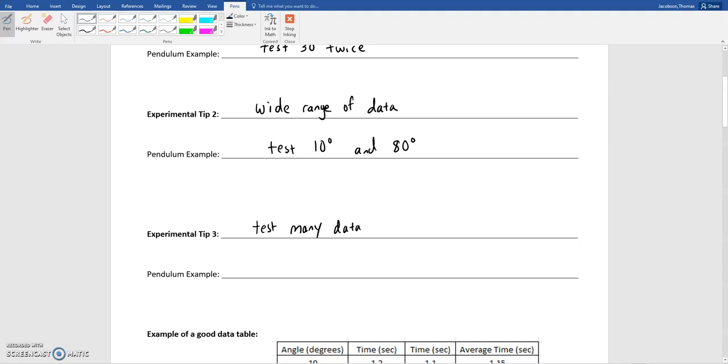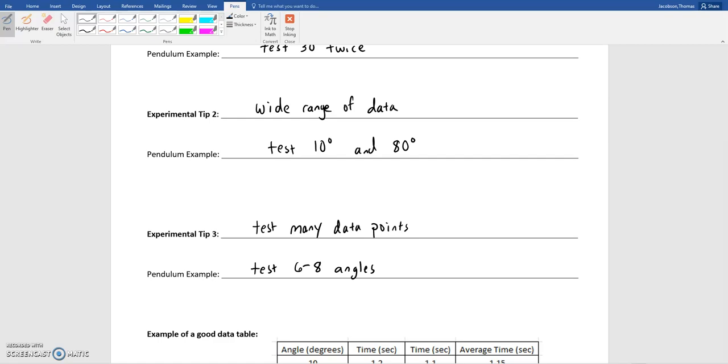And the last thing you would want to do is test many data points. What I mean by that is test a lot of lengths, or test a lot of masses, or test a lot of angles. So maybe here, test 6 to 8 angles. So testing many data points doesn't mean doing 4 repeated trials.